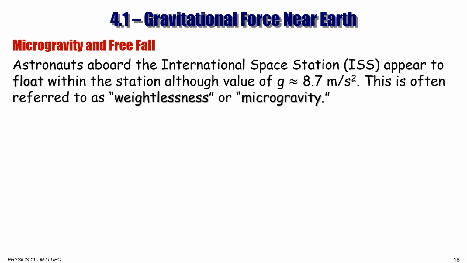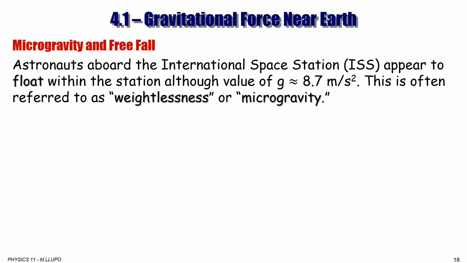Microgravity and free fall. In grade 12, after studying uniform circular motion and orbits, you're going to have a better understanding of this concept. However, for now, we can say that the astronauts you might have seen in video clips from NASA documentaries appear to float within the International Space Station, although the value of g at that level is 8.7 meters per second squared.